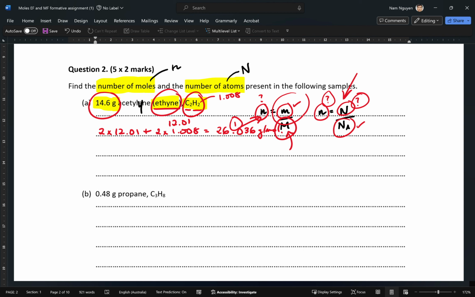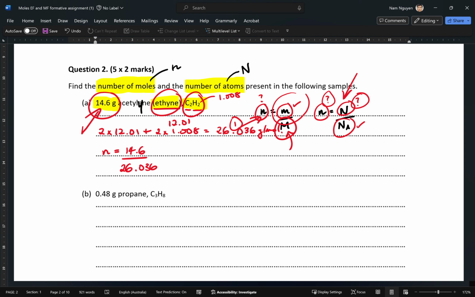Okay, now that we have that, we can now determine the number of moles of ethyne, and that will require the formula. So we go n equals 14.6, because that's the mass over here. We're going to divide that by our molar mass of the compound in question, 26.036.